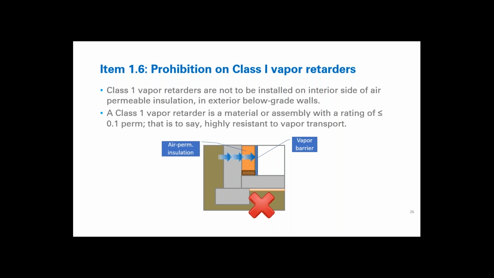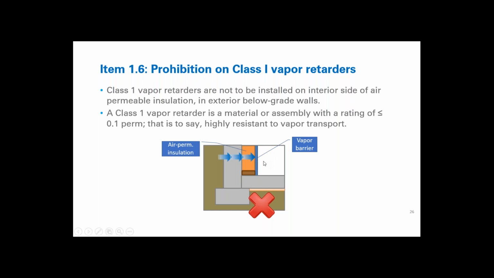So think about the assembly shown here. Water vapor comes in from the ground, through the concrete, into your wood stud wall with your insulation. If you have stapled poly sheeting on the inside of that wood framing, that poly sheeting is going to block that water from going anywhere.